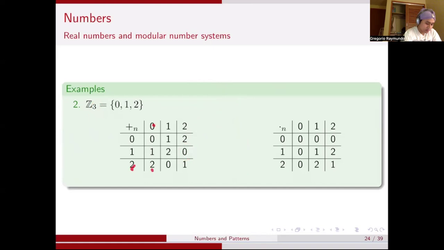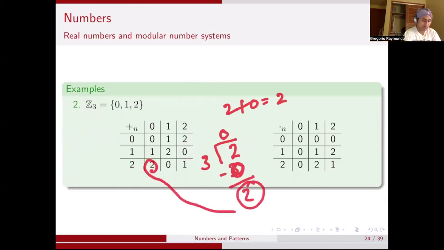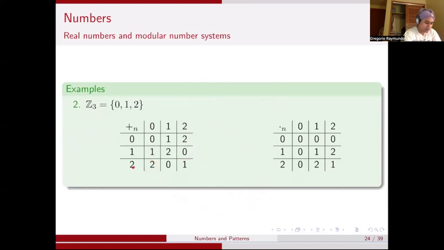2 plus 0, 2. 2 divided by 3, 0. 0 times 3, 0. 2 minus 0, 2. Remainder is 2. Kapag equal yung number na yun sa 3, siya yung nagiging 0 natin.